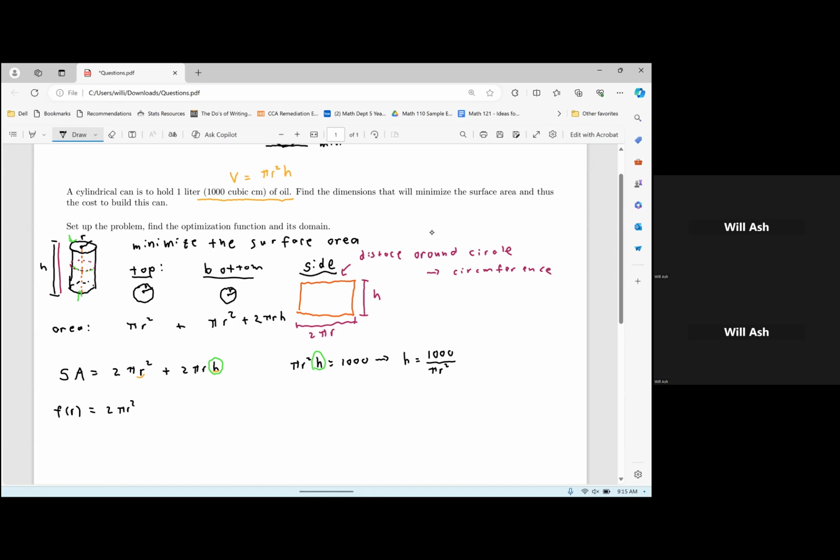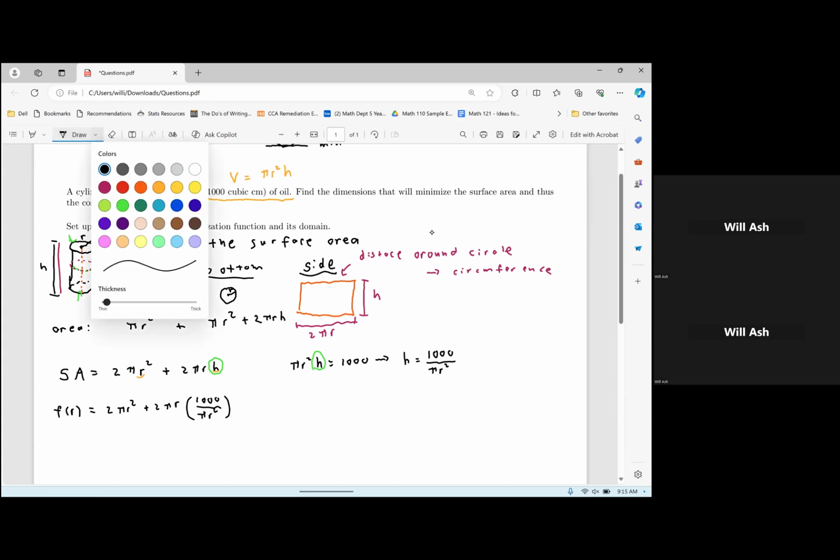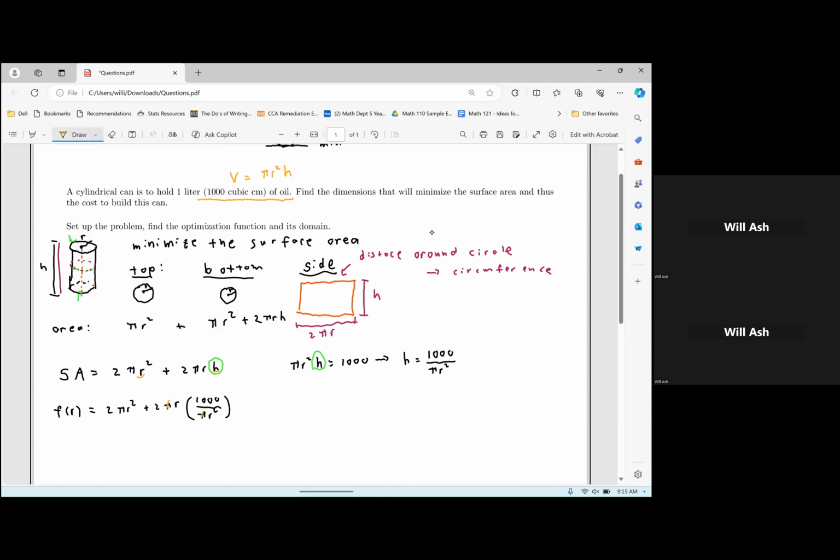Two pi r squared plus 2 pi r times 1,000 over pi r squared. Then I guess we can do some reducing right here.